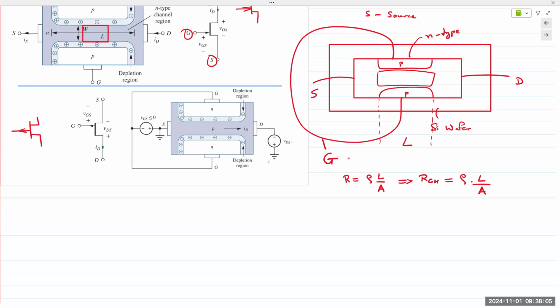Does that make sense? The depth of the implant into the substrate, into the wafer, gives us the thickness of the channel, and the thickness can be used to determine the cross-sectional area of the channel.